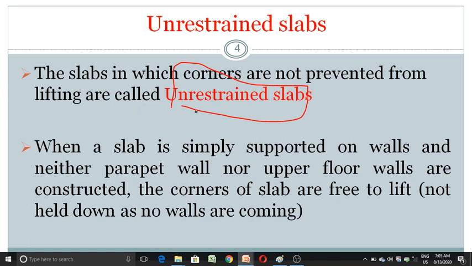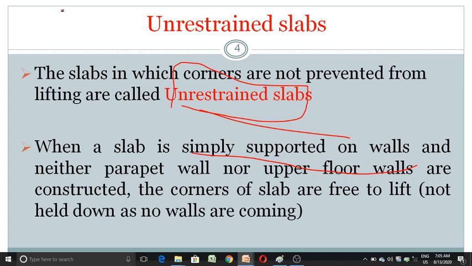Here the slabs are simply supported on the walls, and neither a parapet wall nor upper floor walls are constructed, so the corners of the slab are free to lift, not held down. The meaning of this statement is that the corners are not prevented from lifting, which means we are not constructing the slab and beam monolithically.